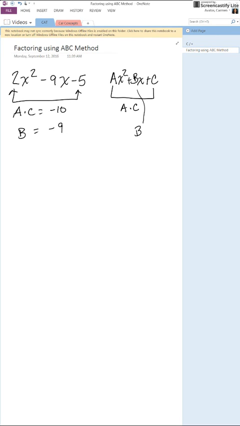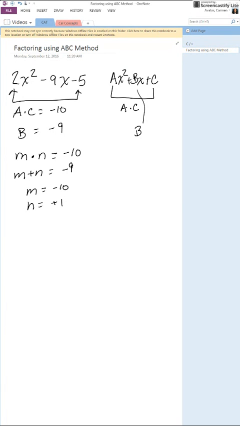So now the question is, what two numbers, which I'll call m and n, when I multiply them together give me a negative 10, but when I add them give me a negative 9? Those numbers are negative 10 and a positive 1.